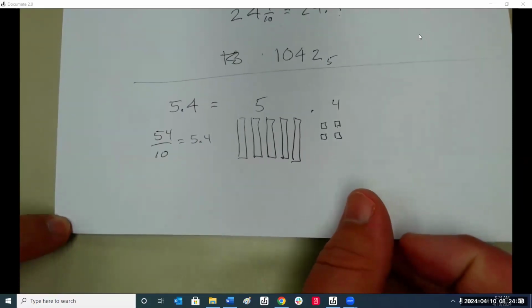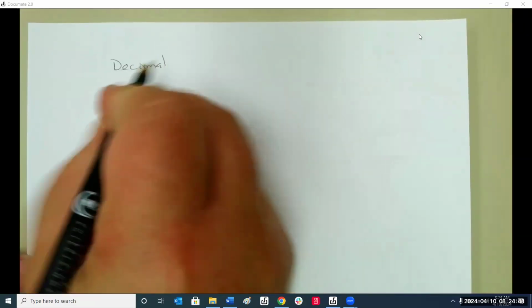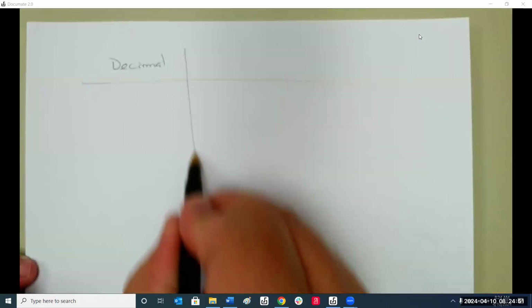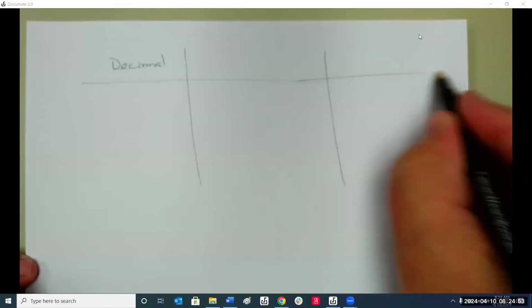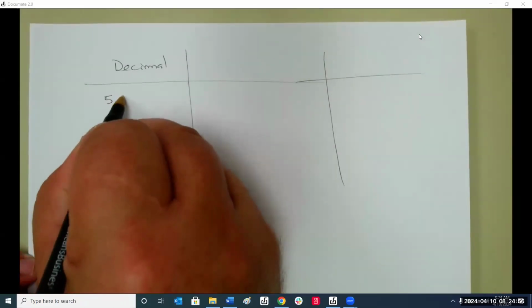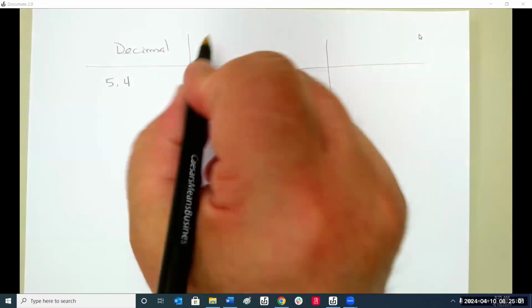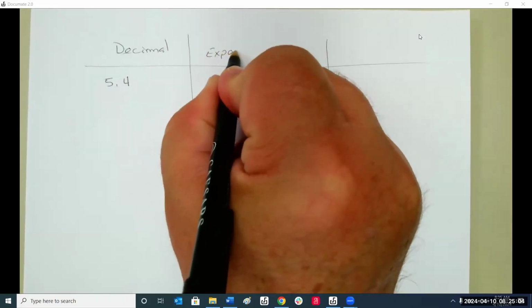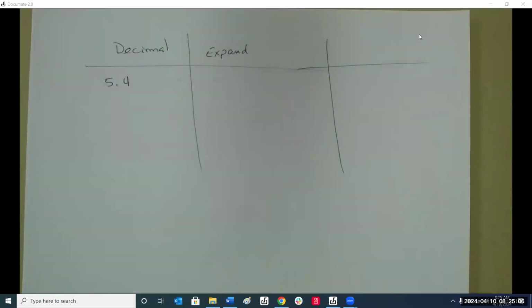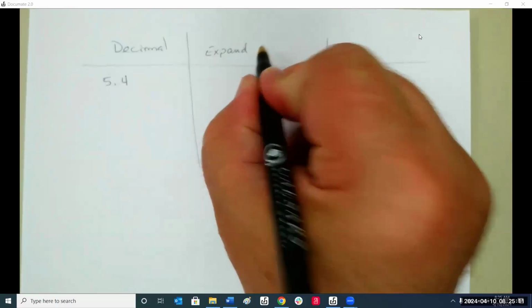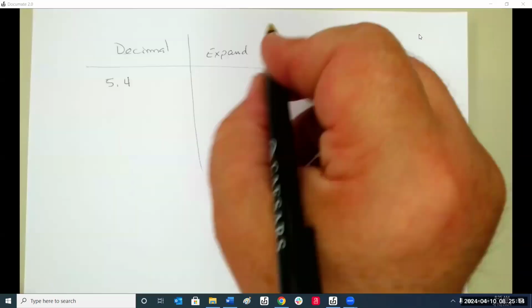Let's talk about converting numbers to other forms. I'm going to give you a decimal here. For example, the one we're going to use is 5.4. How would you expand that using fractions?